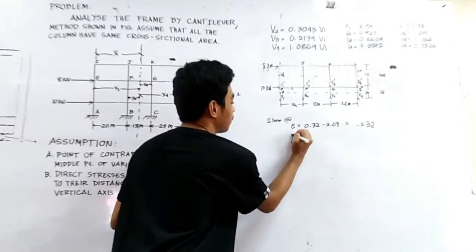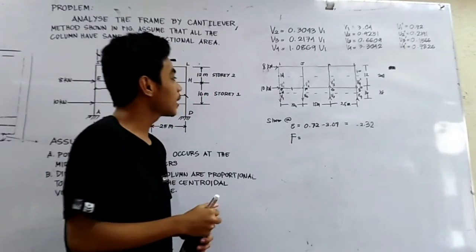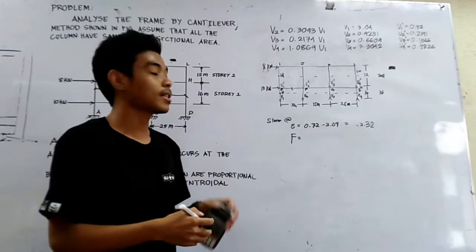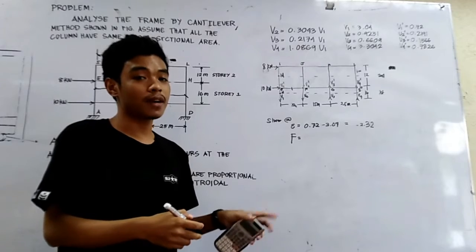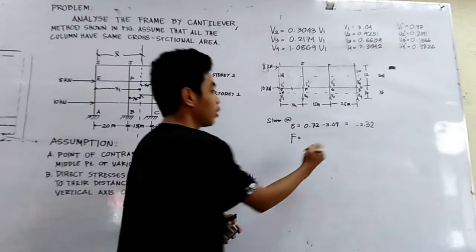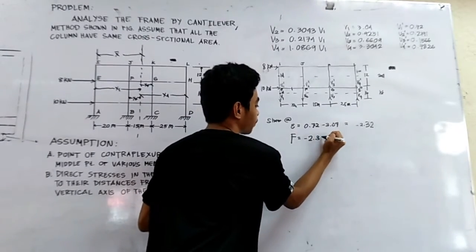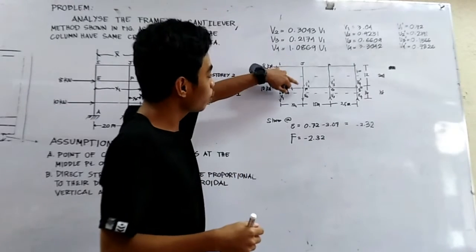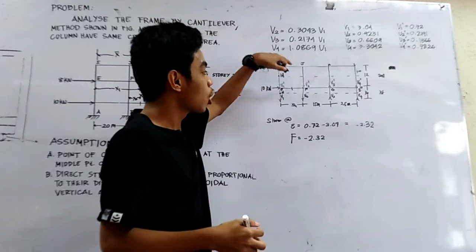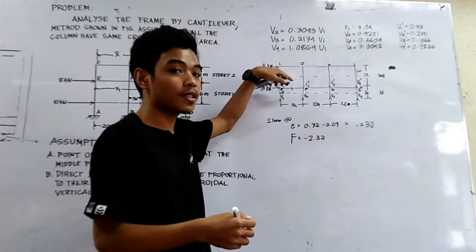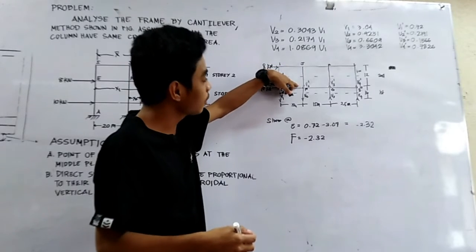For the next part, we will get the shear at point F. Since we got E earlier, negative 2.32, it is included in the computation of the shear at point F. So, negative 2.32. Then our V2 prime moves toward point F, so positive again on that side.